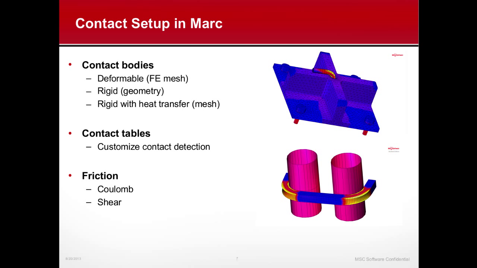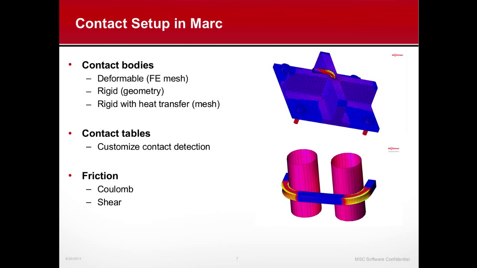And Marc also allows you to customize the contact detection. In some cases, like in the example at the top here, you could see that bolts themselves may not touch each other. Also the friction coefficient and, for example, even the heat transfer coefficient between different contact pairs would have different values.